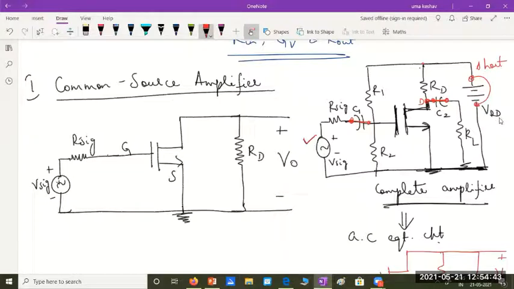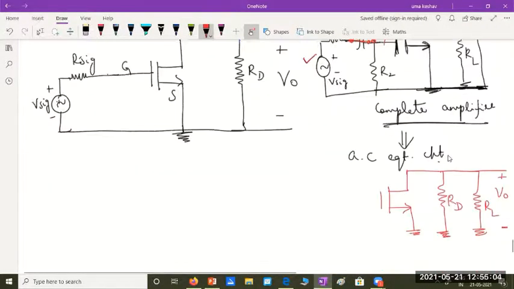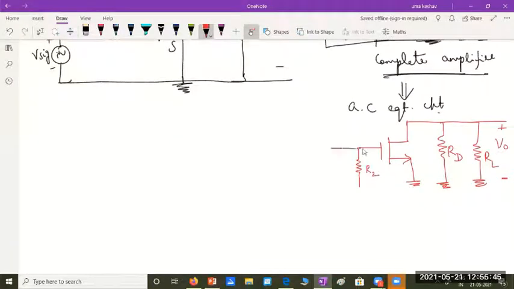Okay. And coming to the input side, what should I connect between gate and ground? I have one resistor R2 between gate and ground. And what about R1? R1 also, one end is connected to the gate and the other end, if you see, is grounded. Yes or no? So what should I put in parallel with each other? The biasing resistors R1 and R2, right?